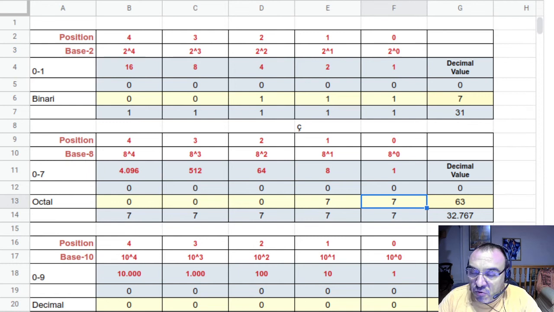Then you will have to place a 0 in the units, a 0 in the 8s, and put a 1 in the third position. That 1 means 8 raised to the second power, and it is 64. So that one here in base 8 is 64.